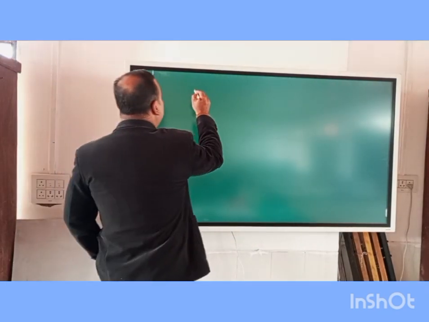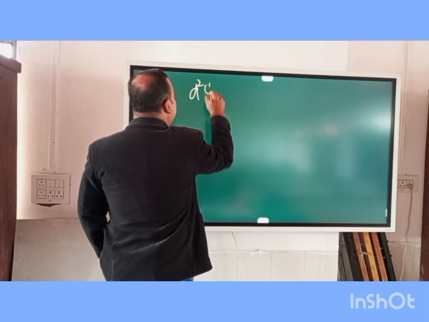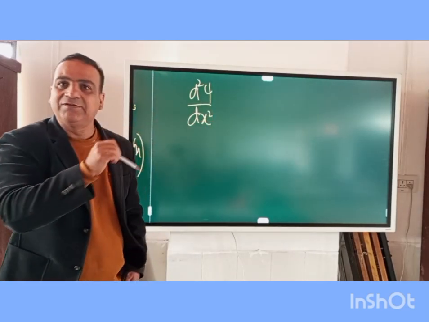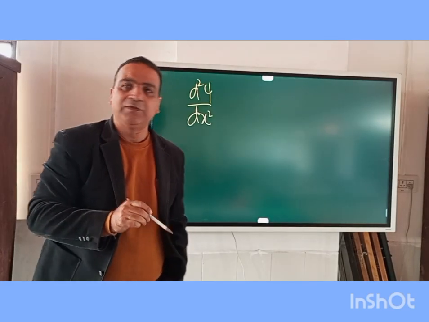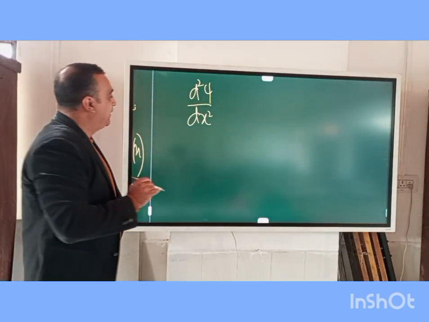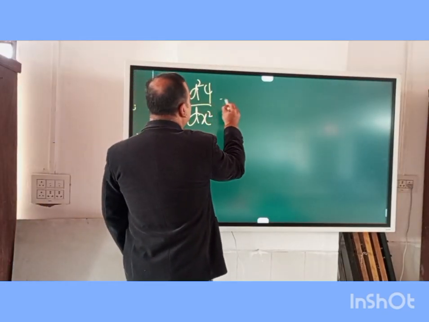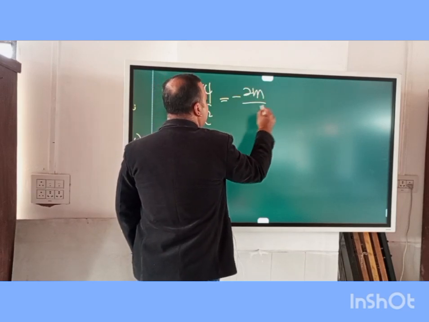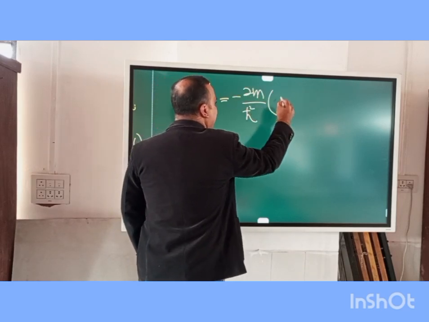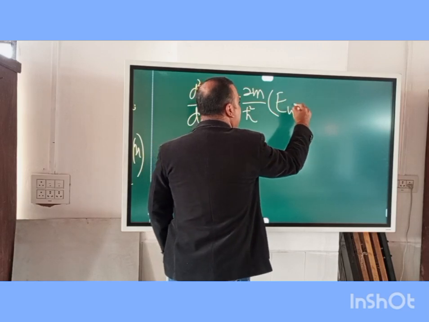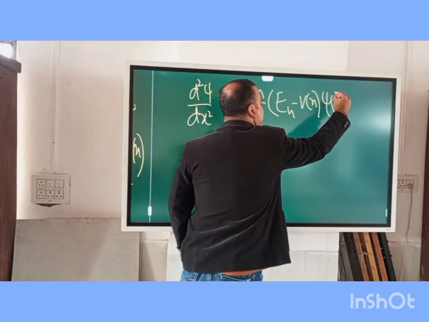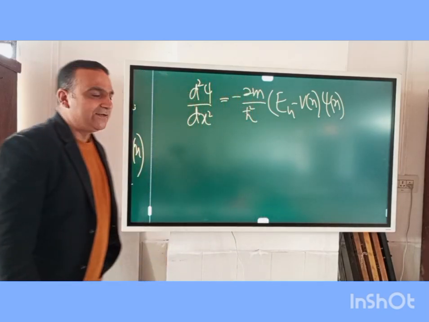What I should write now is d2 psi by dx2. Now this psi is exclusively dependent on position only. It does not depend on time. So this will be equal to minus 2m by h bar squared, En minus v of x, psi of x. Right?